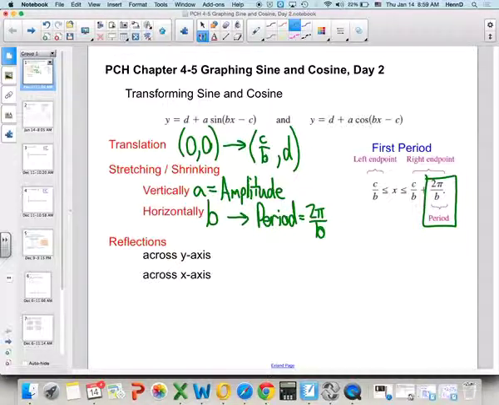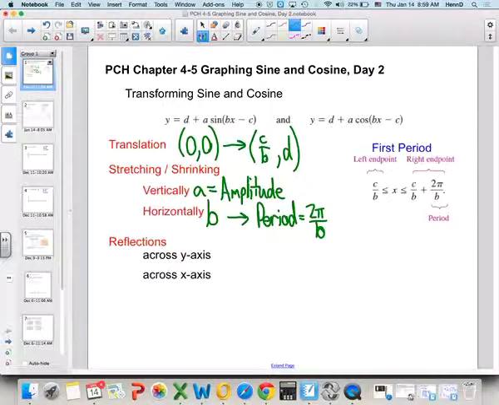Yes? If you were to use one of the other equations you showed us, the k plus whatever, and then you have b times x minus h, if you change b into b times x minus h, wouldn't it also change c? Well, that's the thing. You wouldn't have a c in that other form.